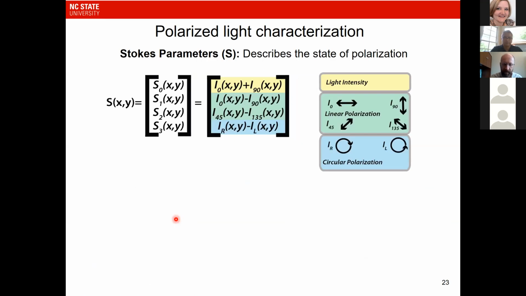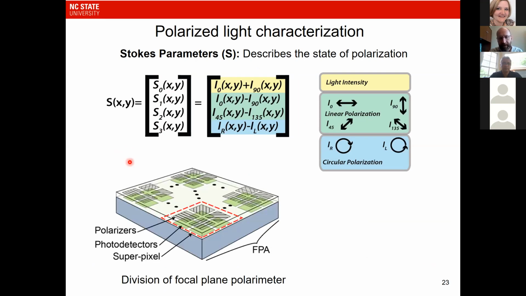I won't go into too much detail about how to characterize it, but it's usually defined by what are called Stokes parameters, where you look at the linear polarization state orientation as well as the circular polarization state. To get the Stokes parameters for imaging, you would do it similarly to the RGB imaging system, where instead of color filters, you'd have polarization filters.